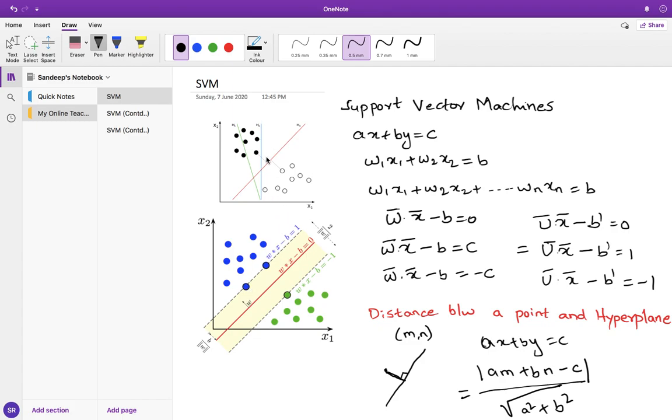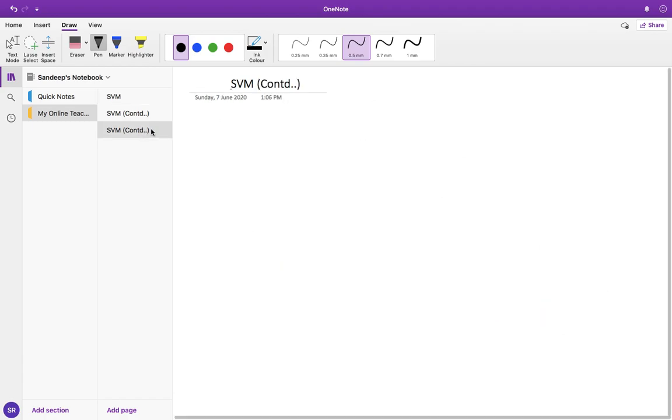As you can see here, there are many other lines. You can also see the blue line, which is also separating these two classes, but the support vector closer here is not too far, whereas here, as you can see, the distance is larger. So we would be aiming to find the equation of that line. Let us see how we can find it.